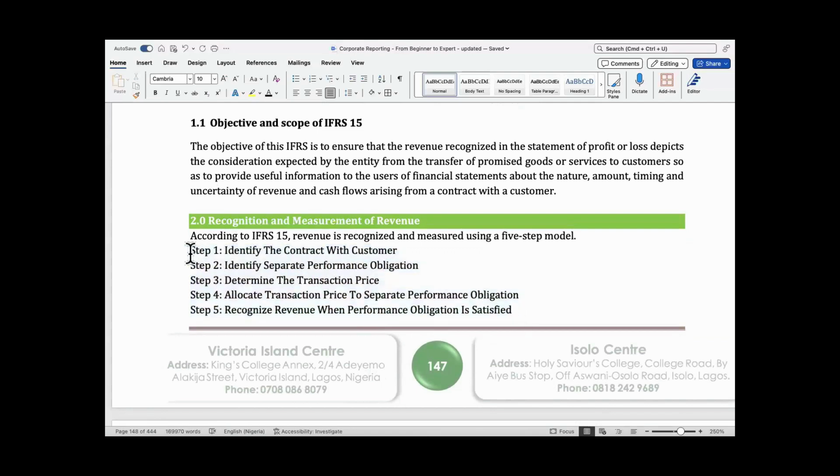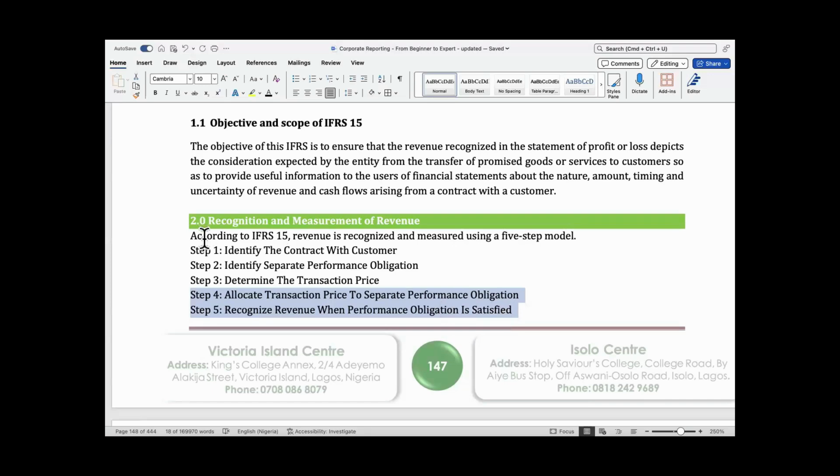Last week, we were able to cover step 1 to step 3. Tonight, we're going to finish step 4 and step 5. I'm also going to look at some practical applications given by the standard that are highly testable, which we're going to quickly run through as soon as I'm done with these steps.